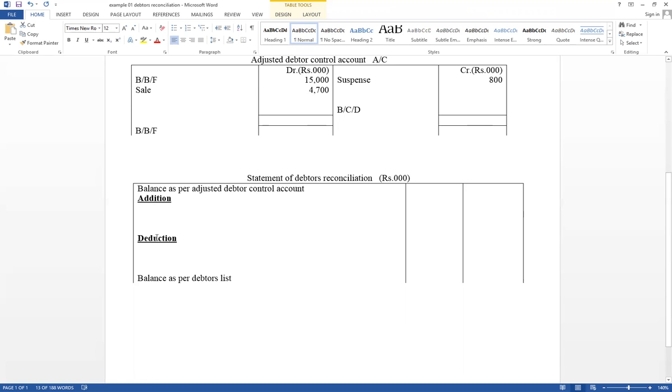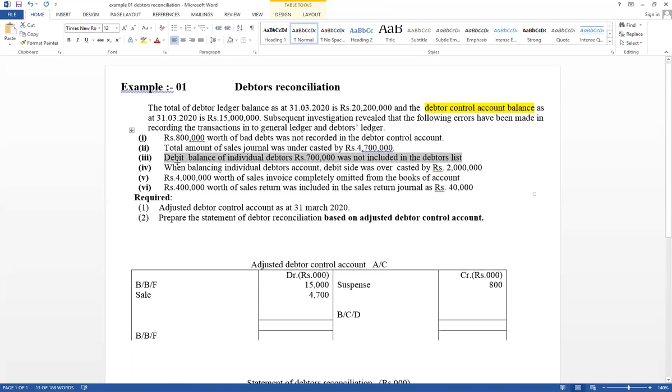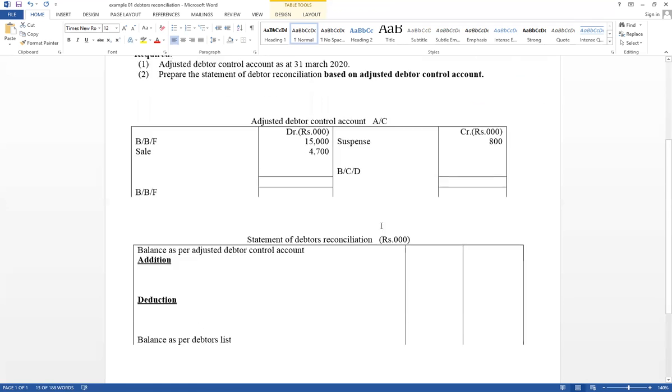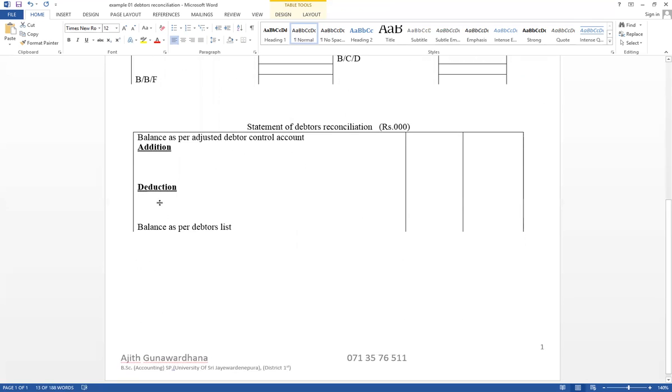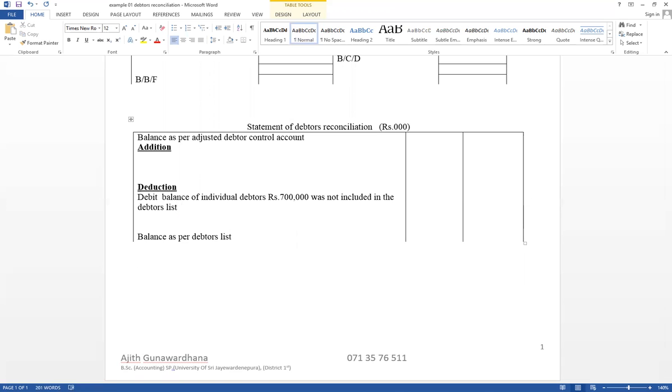Then addition, deduction, then balance as per the debtor list. Therefore, as a result of this third one, the effect is that the debtor list balance decreases, therefore the closing balance decreases, therefore it should be deducted. The third one should be deducted.